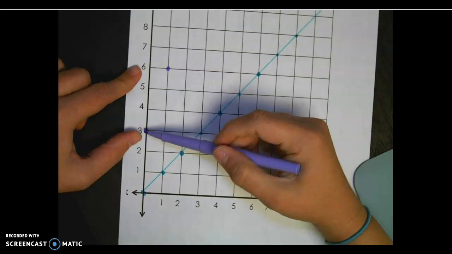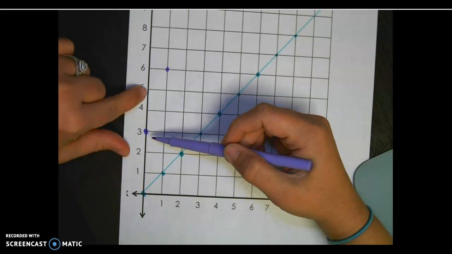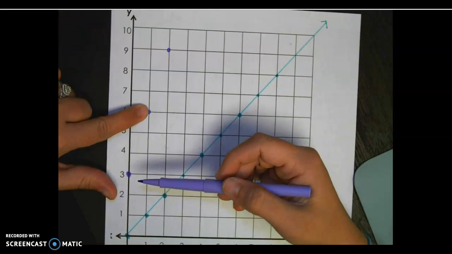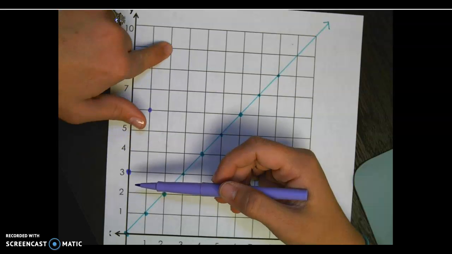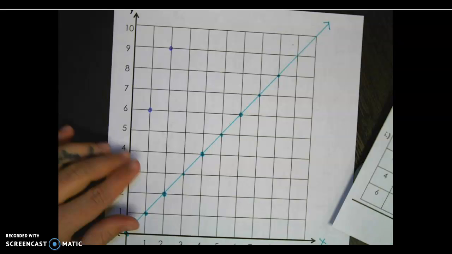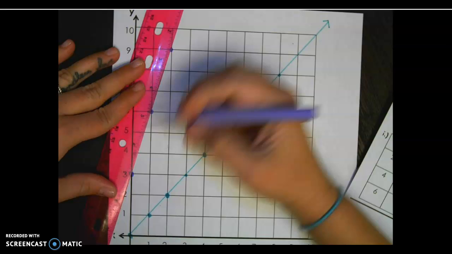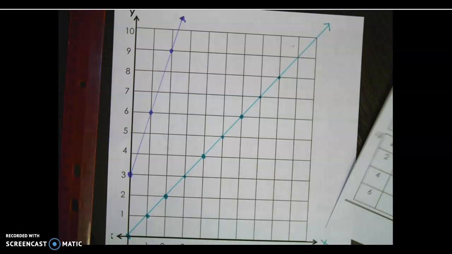So that means from my starting point, which is 3, I'd go up 1, 2, 3, and over 1. Yep, that's my slope. Then from that point, remember, up 1, 2, 3, and over 1. And I could continue on if I had more room on my graph, and it would just continue on. And there we go. There's my 2 lines so far.